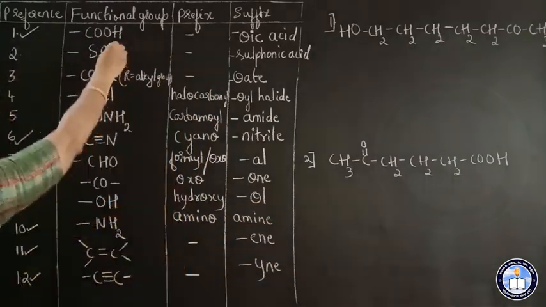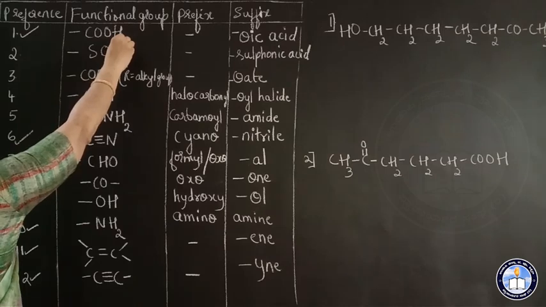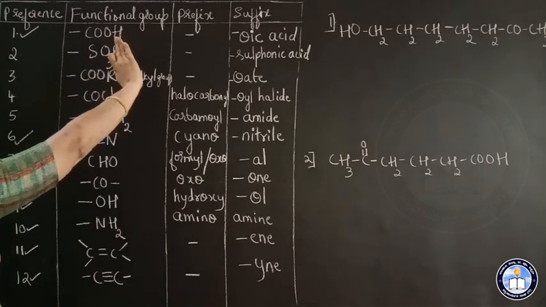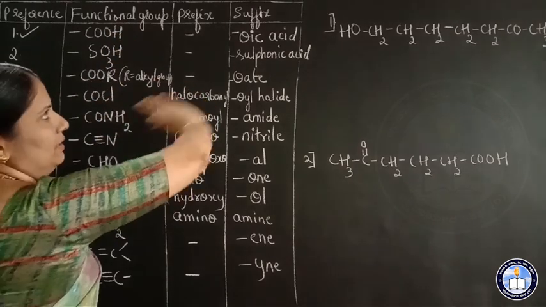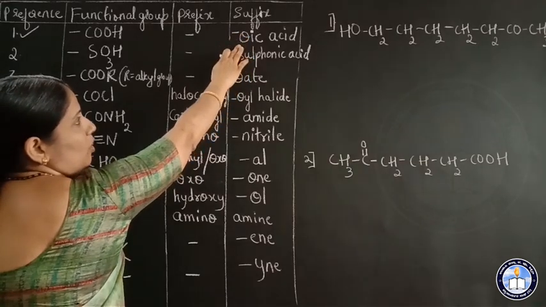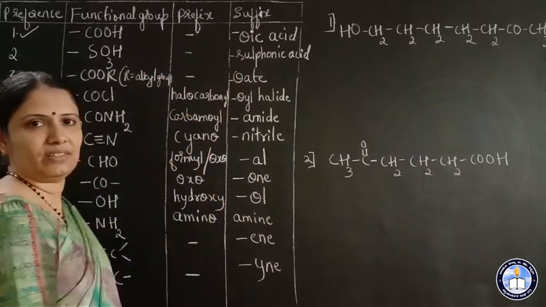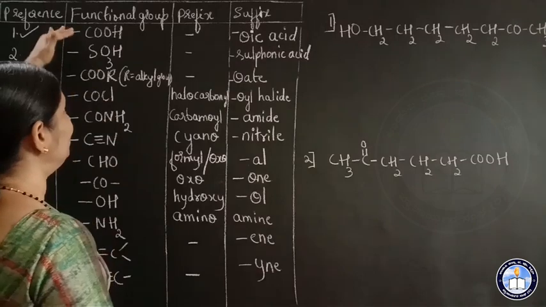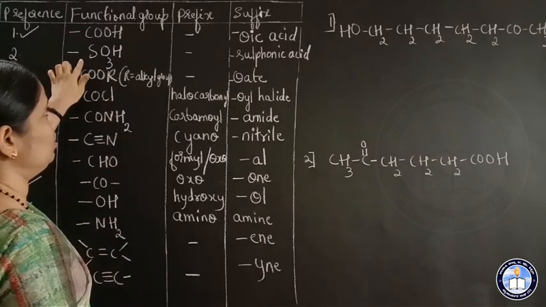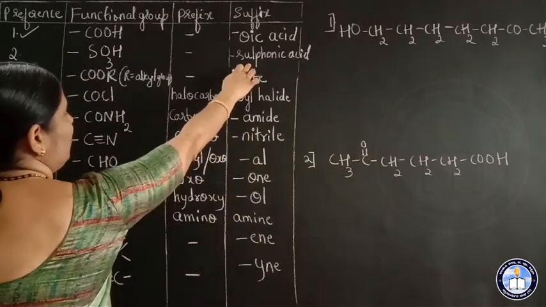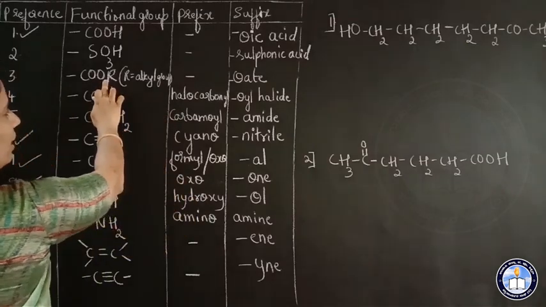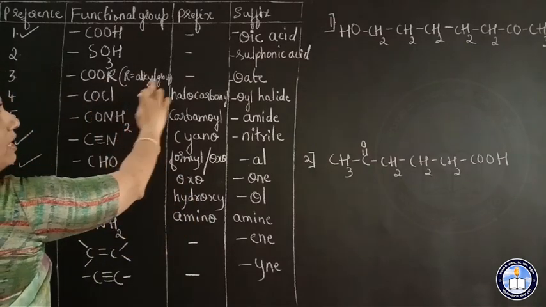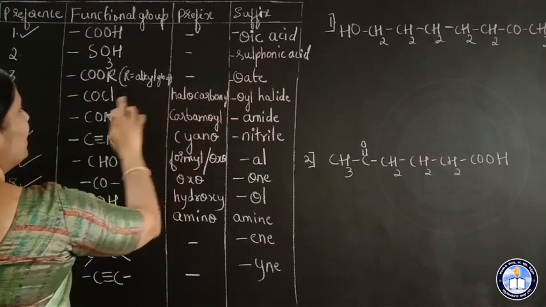So the topmost is the COOH group. When the COOH group is present, the suffix is oic acid, no prefix. The ranking 1 is given to the COOH group. Then the SO3H group, suffix is sulfonic acid. COOR, where R is an alkyl group, suffix is oate.